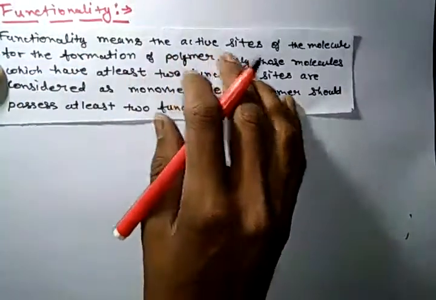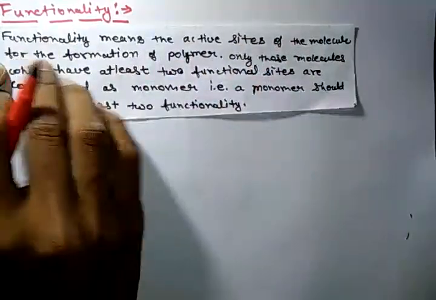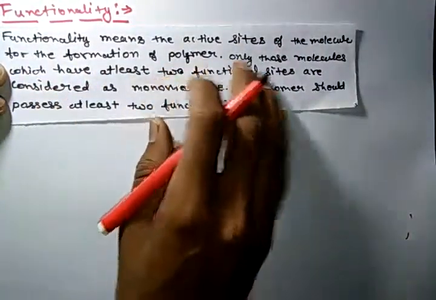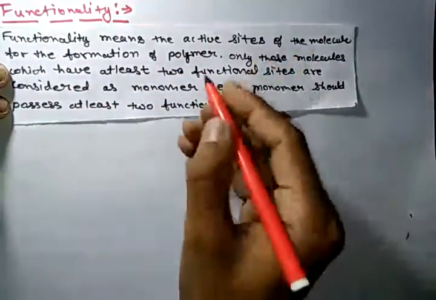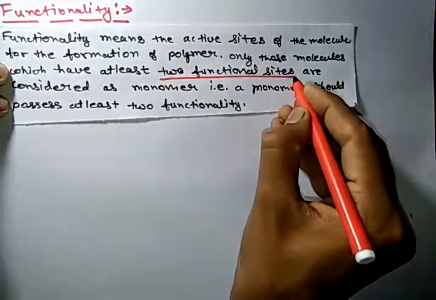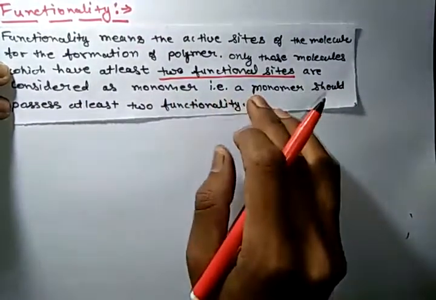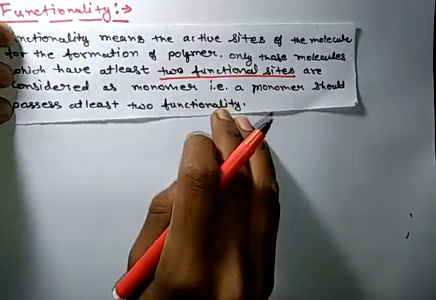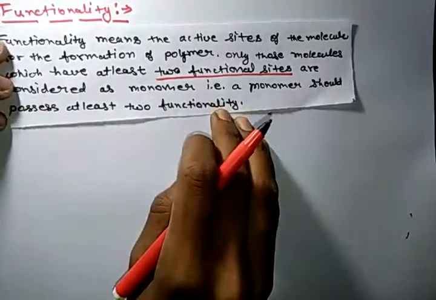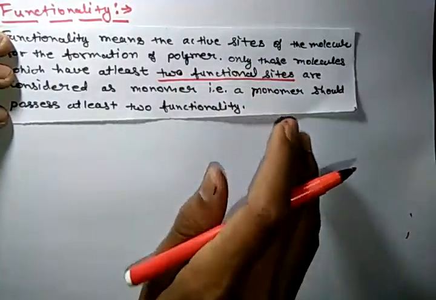Functionality means the active sites of the molecule. For the formation of polymers, only those molecules which have at least two functional sites are considered as monomers. That is, a monomer should possess at least two functional sites. It means both sides of a molecule must be functional sites.